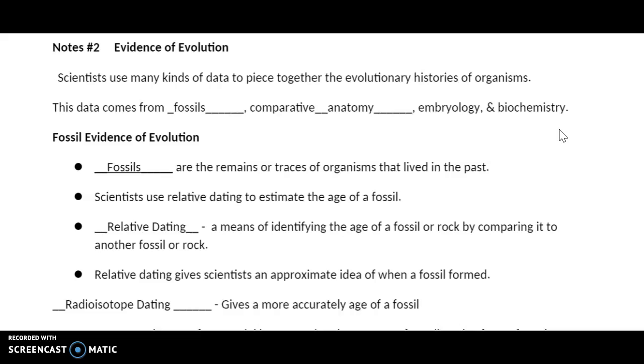Fossil evidence of evolution. Fossils are the remains or the traces of organisms that lived in the past. Scientists use relative dating to estimate the age of fossils. They'll look at the way the rocks are stacked and can estimate which rocks came before the other rocks, so which fossils in those rock layers came before.